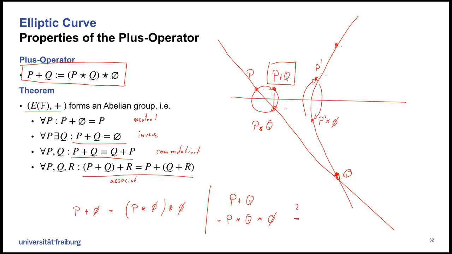And the question is, how do I make this infinity? What value should I have here so that something star infinity is infinity? Well, infinity is the neutral element, so it must be infinity. So if I find an element combined with some other element which gives me infinity, I've solved this problem.